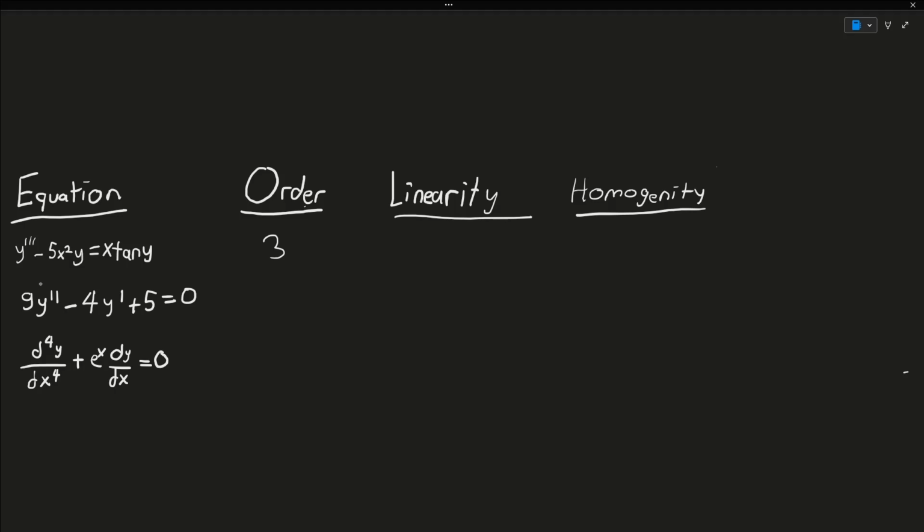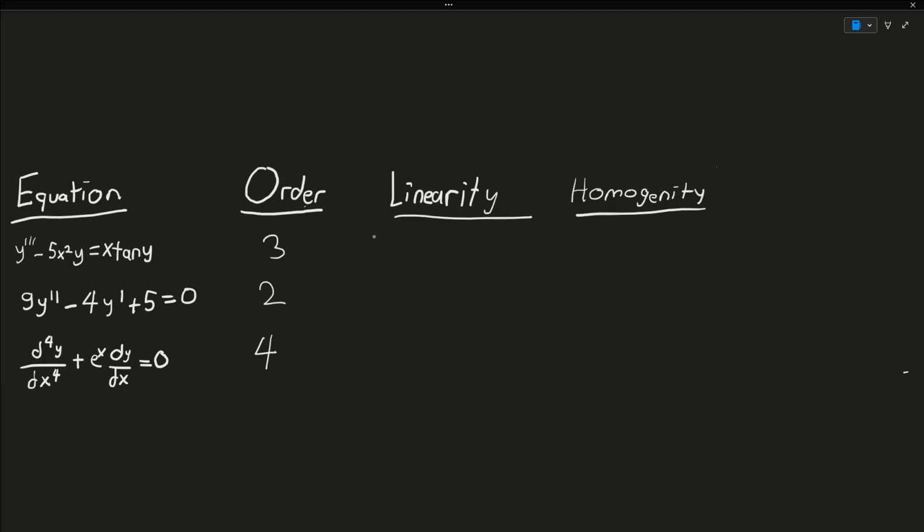Well, ultimately the highest derivative is 2 on y, so this will be a second order differential equation. And on this one we have Leibniz notation, d4 y, which is the fourth derivative of y, plus e to the x y prime equals 0. So the highest order for this differential equation will be 4 because of this term.